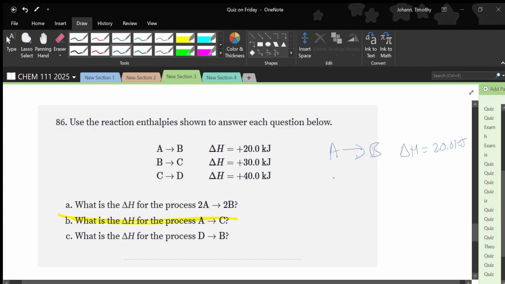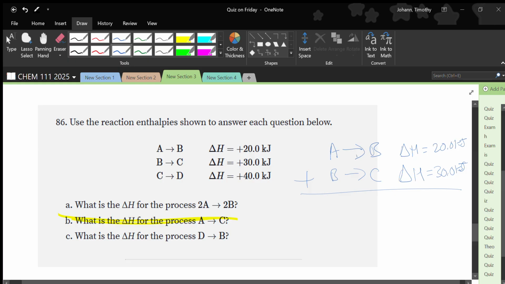And if I go B to C, that's going to give me an enthalpy change of 30 kilojoules. And what I can do is I can add these up, okay?